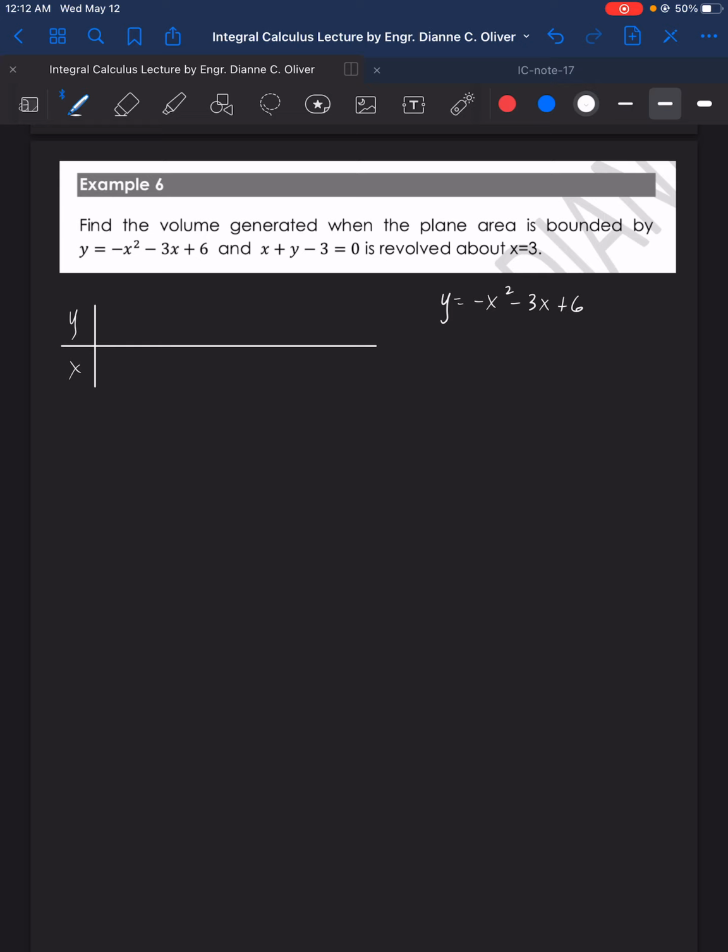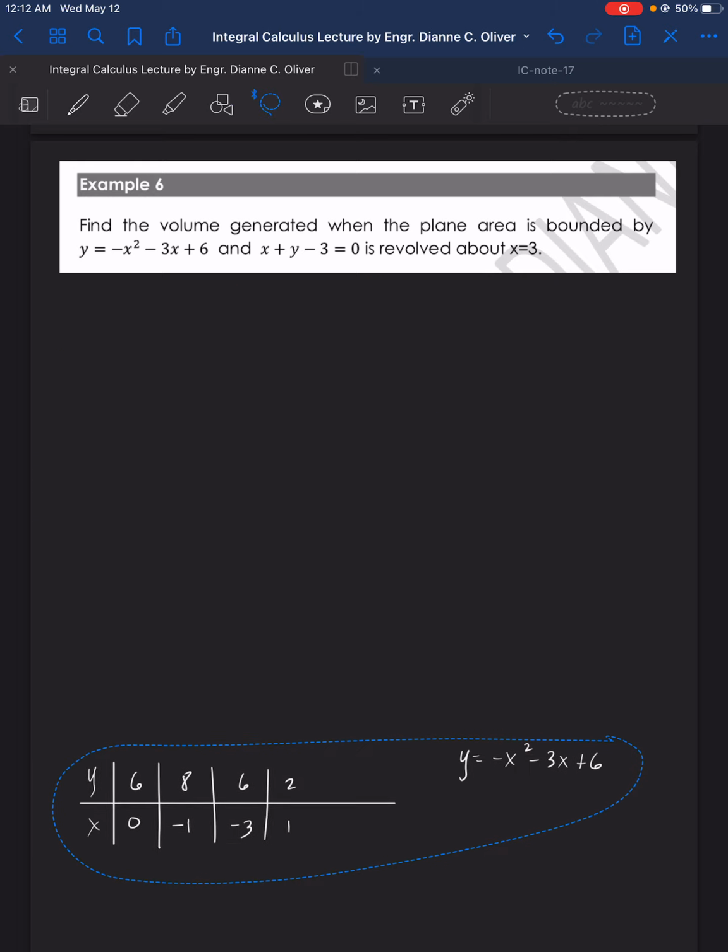So if x is equal to 0, y is equal to 6. If x is equal to negative 1, y is 8. If x is equal to negative 3, y is 6. Then if x is equal to 1, y is 2. I think it would be easier if we compute for the point of intersection.